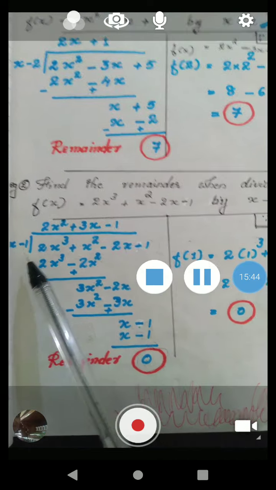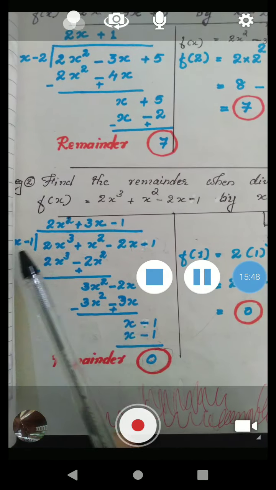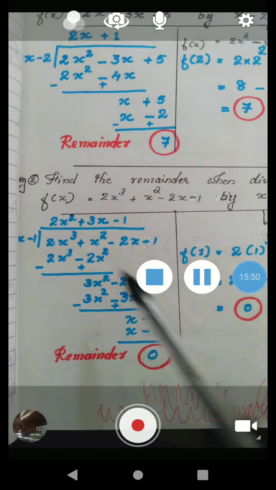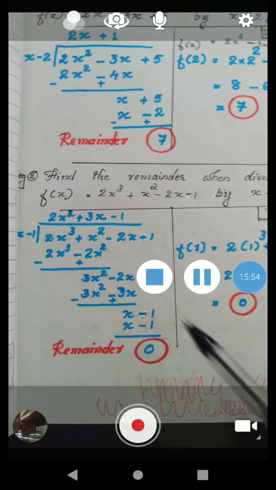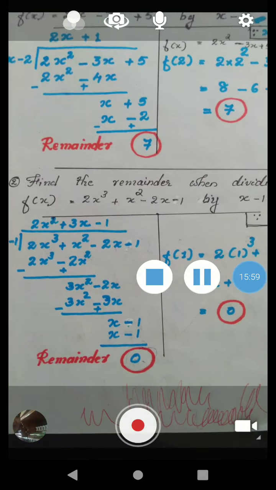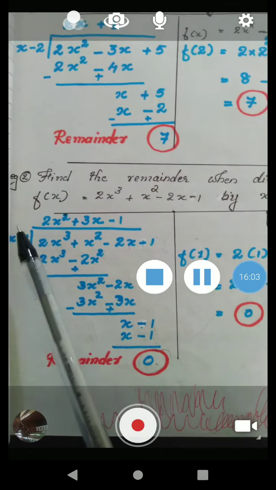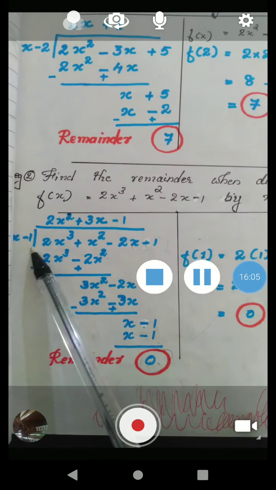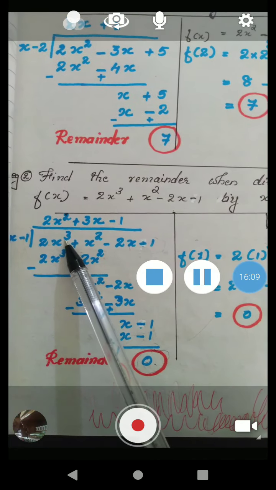So, in the second case, x minus 1 is a factor of f(x). Why? Because the remainder is 0. So, we can say if the remainder is 0, this divisor is a factor of the dividend.